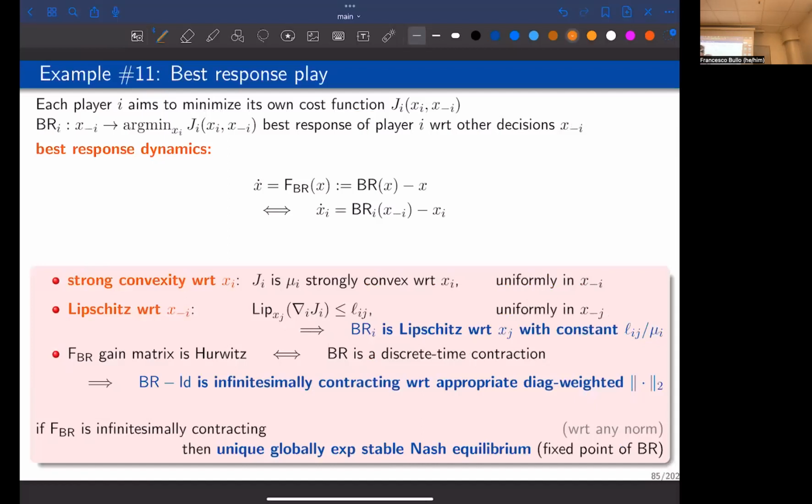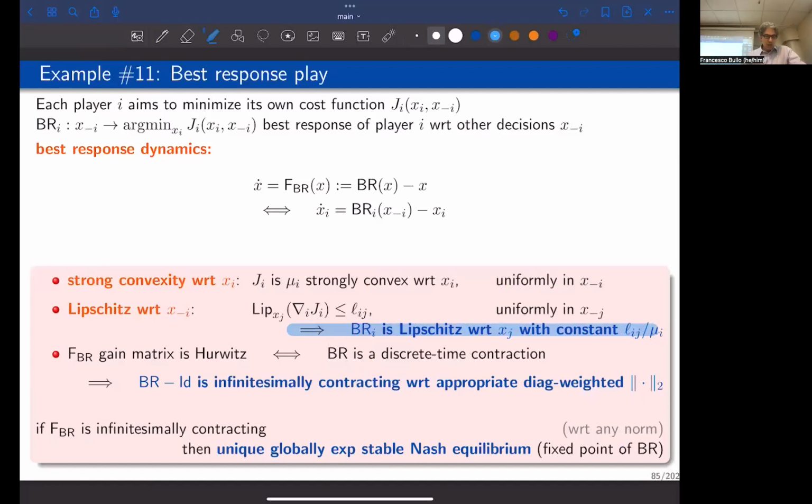The Lipschitz constant is going to be L over mu, because L is the Lipschitz constant with which x minus i affects the behavior of x_i, and that's the contraction rate. So this line is again an application of what we saw yesterday with the parameterized fixed point problem.